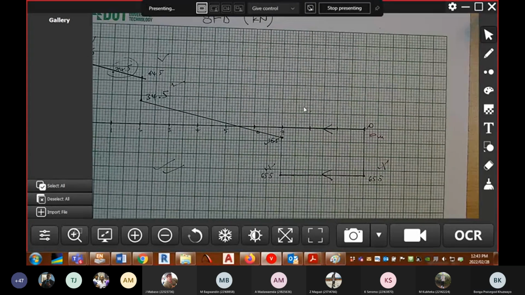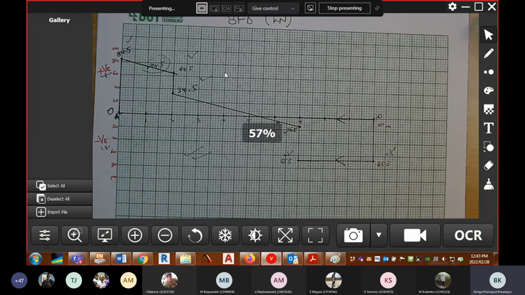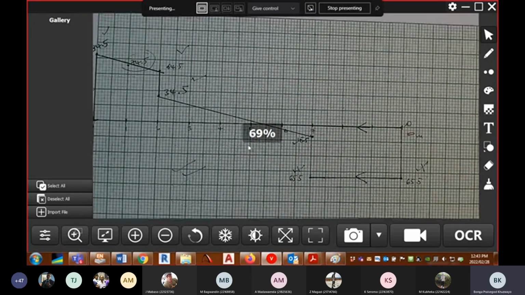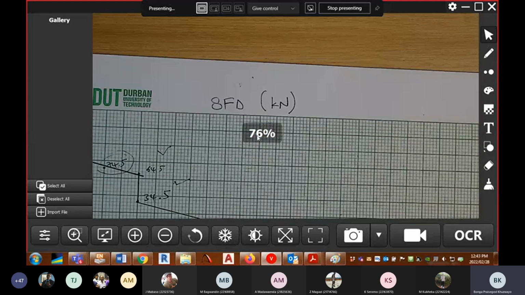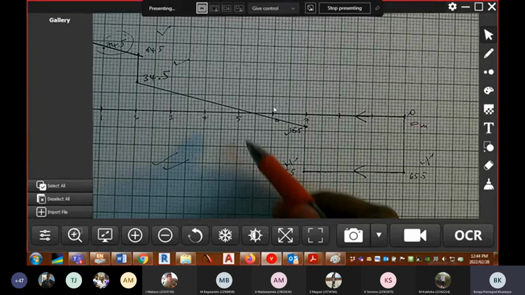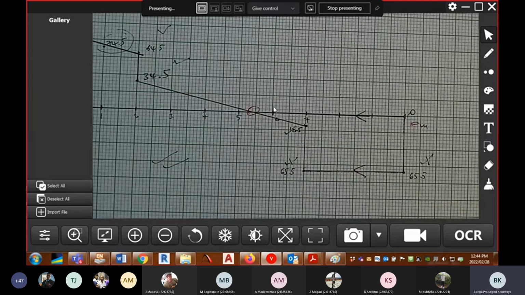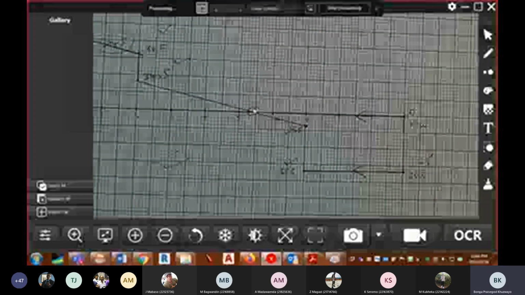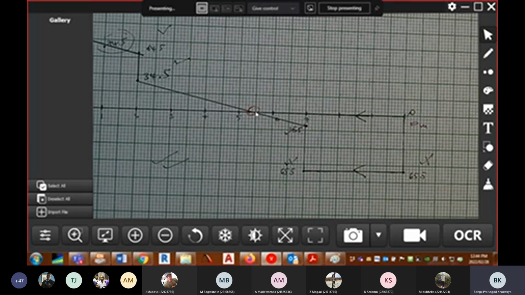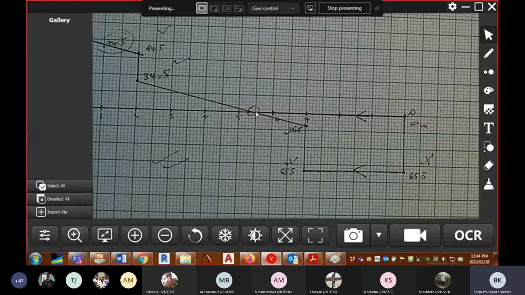And then what else did I miss out here? I just need to make sure, yeah. So the last thing we need to talk about is this point here. This is where your shear force equals 0, right? So today, all we need to do is to determine the position. To do that, what we're going to do is this.